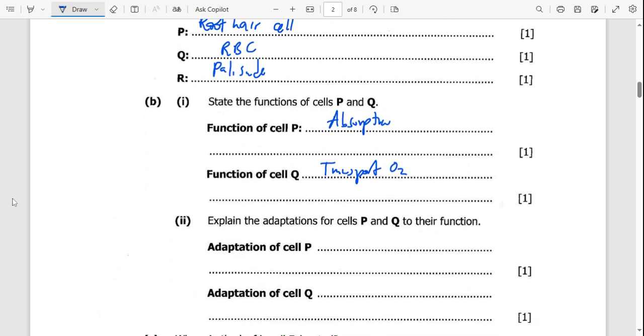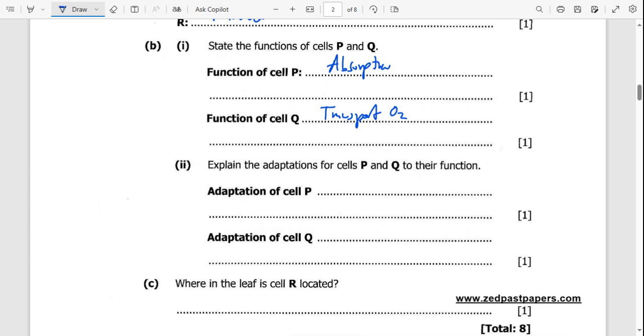Then explain the adaptations for cells P and Q to their function. What makes the root hair cell adapted to its function? Are you able to notice that the root hair cell has an elongation coming out?